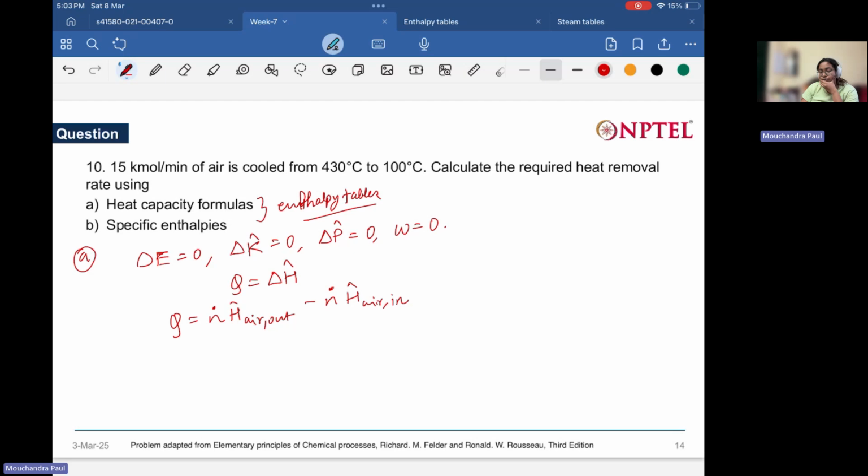Now let's assume that the air is an ideal gas. So there will be no influence of pressure on delta H cap.